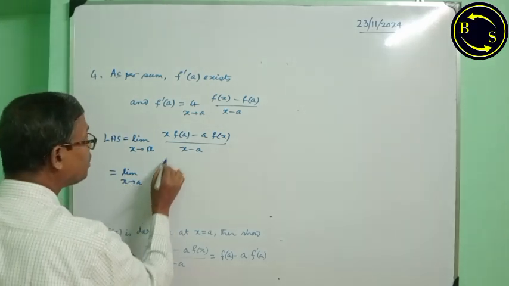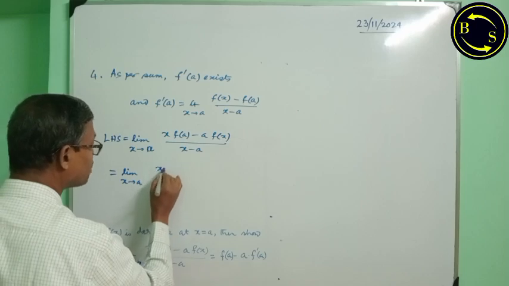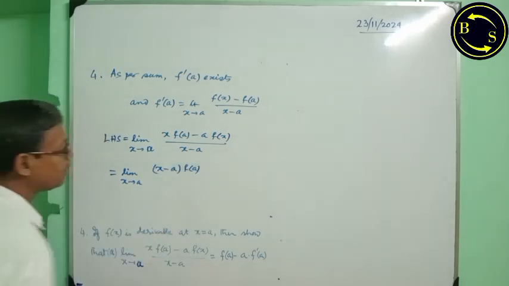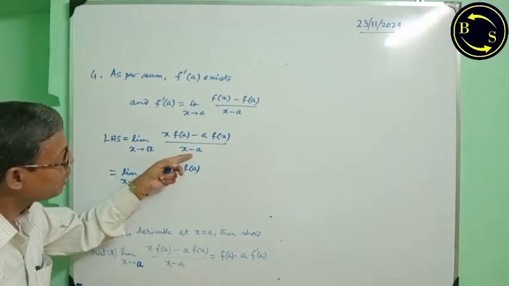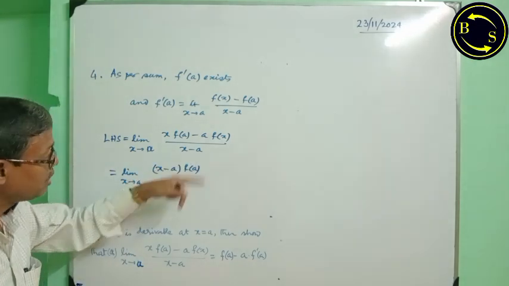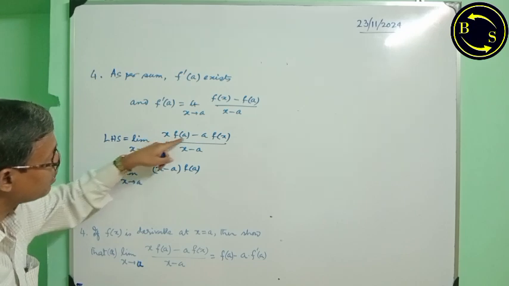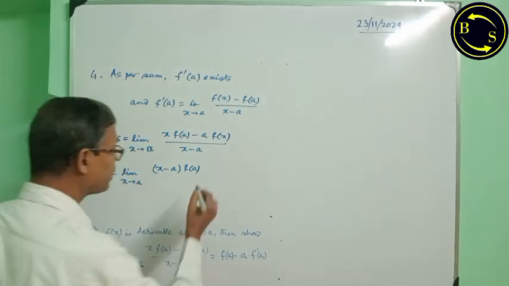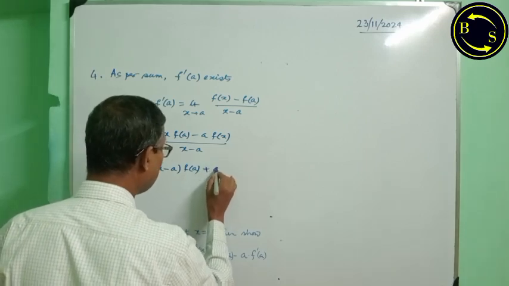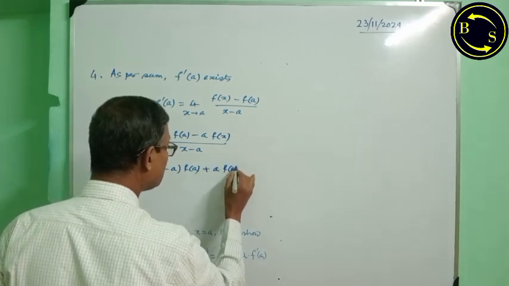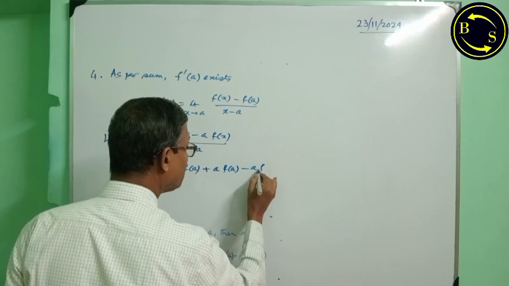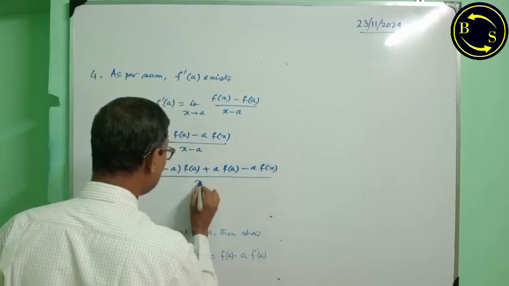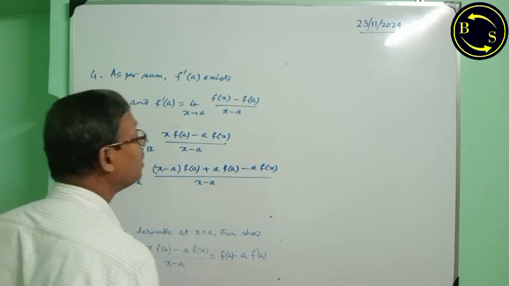Now I write this expression like this: x minus a whole into fa. Actually the denominator is x minus a. Keeping that in mind, I have written this first part like this. Now a fa, that is written in excess. For balancing it will be a fa minus a fx, the whole divided by x minus a.